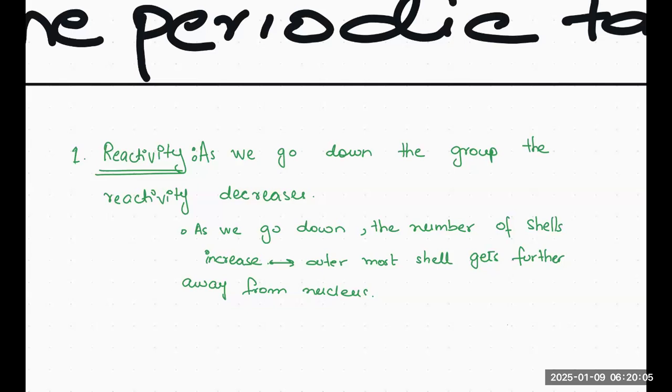The difference comes due to the fact that group 7 elements make negative ions.